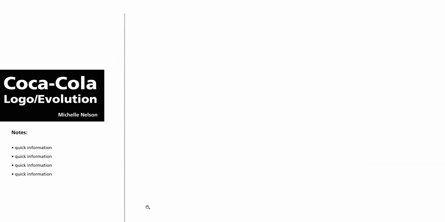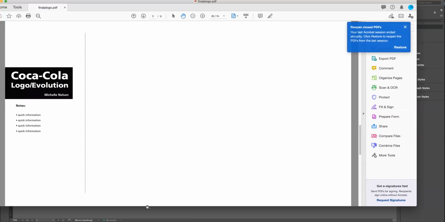But then after that, you're just going to use the arrow buttons to go back and forth. Now you're not seeing any changes because the design is exactly the same from page to page. But if we had done different designs, we'd be flipping through pages 1 through 4 or 5, I think is what we did. And then after you're done with your presentation, if you just hit escape, it'll go back to the size it was.